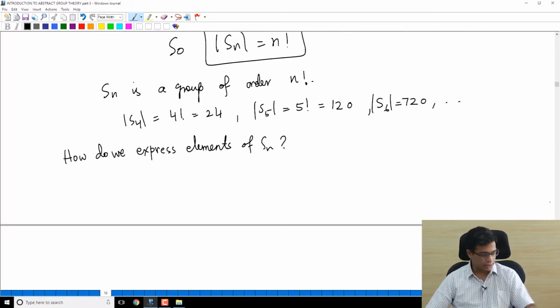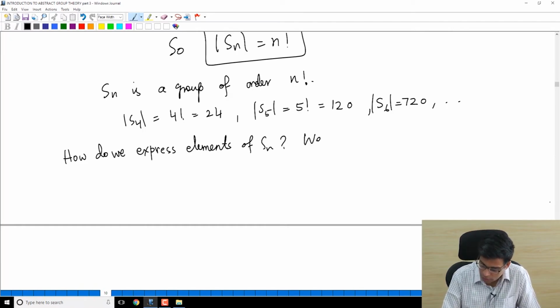So how do we express elements? I want to introduce to you, and this was actually introduced when we discussed S3 earlier, but I will do this again more systematically, we use cycle notation.